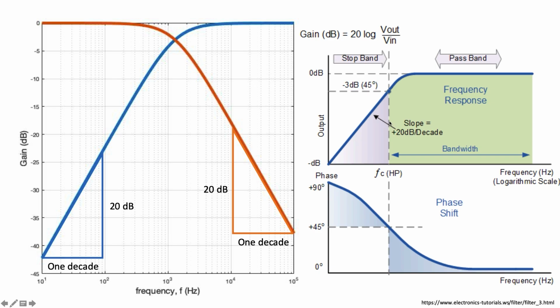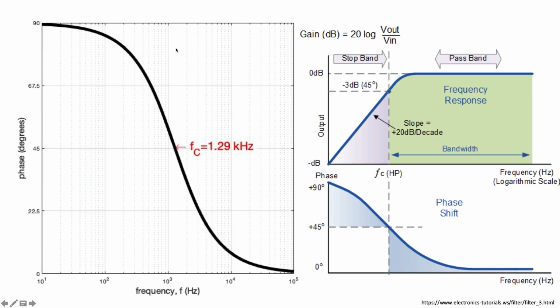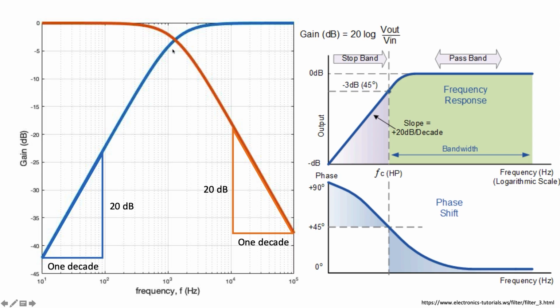The low-pass bandwidth in this figure is the same as the cutoff frequency, since the signal is allowed to pass from f equals 0 up to the cutoff frequency f sub c. The high-pass bandwidth in this example begins from the cutoff frequency and continues on to higher frequencies with seemingly no decrease in output.